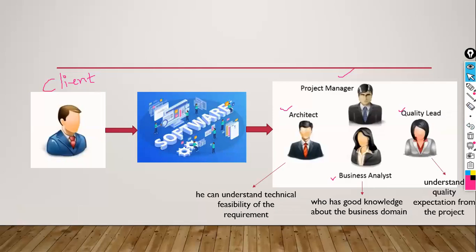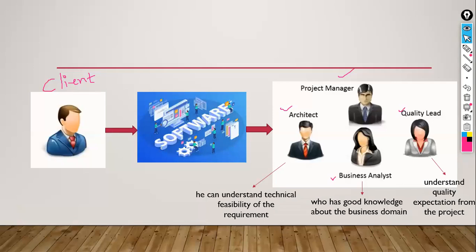What this quality lead will do is understand the quality expectation from the project, that is, how to implement that particular project. The business analyst discusses everything, like what the different flows are that want to be implemented.